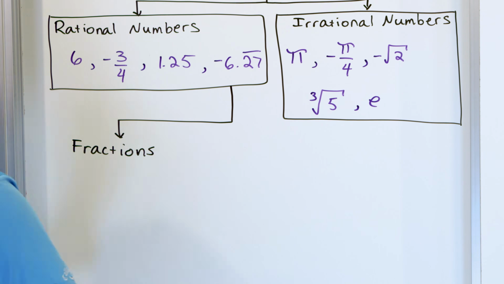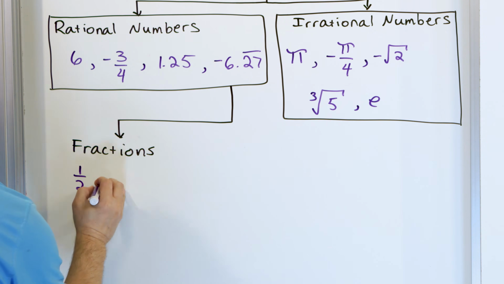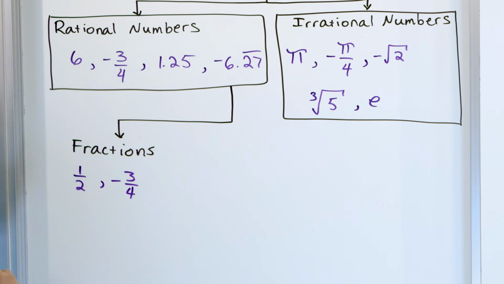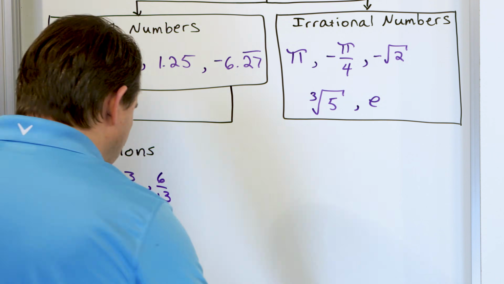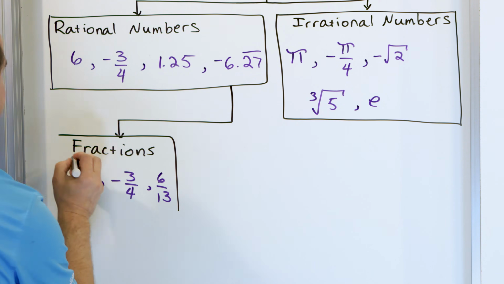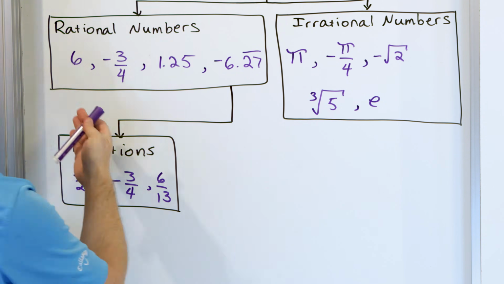What are some examples of fractions? I know that you all know what fractions are, but we have things like 1/2, that's a fraction. We have 3/4, negative 3/4, negative, positive, doesn't matter, it's a fraction. 6/13, that's a fraction. So that's one of the types of things that can live under the rational number umbrella, the fractions.